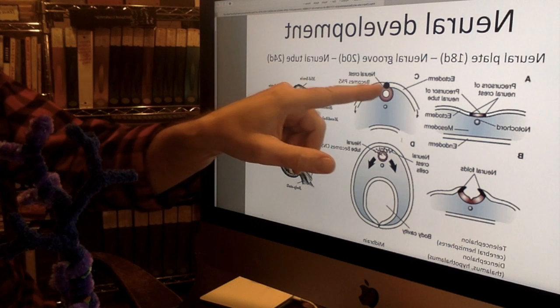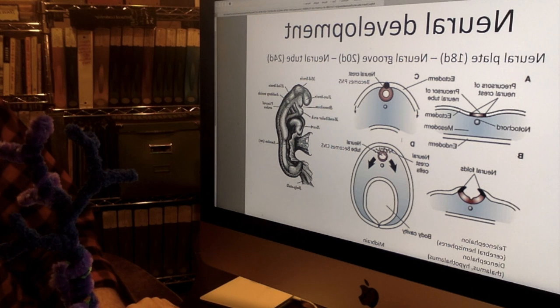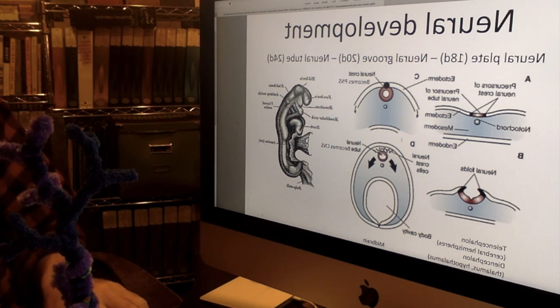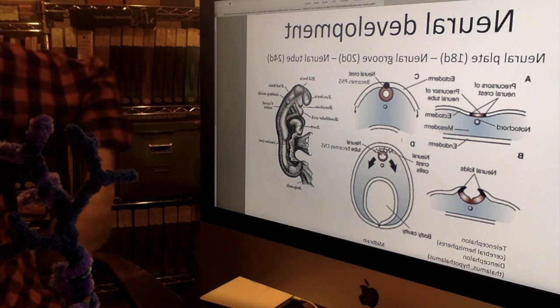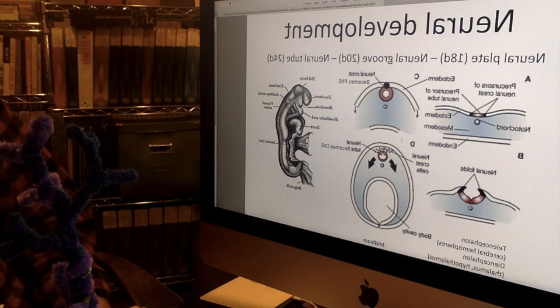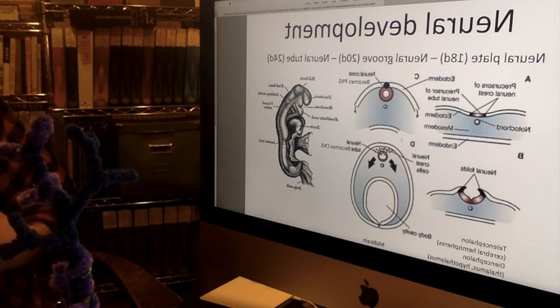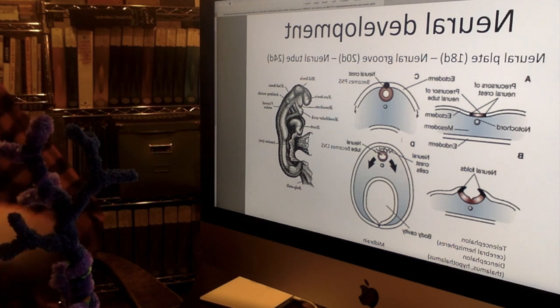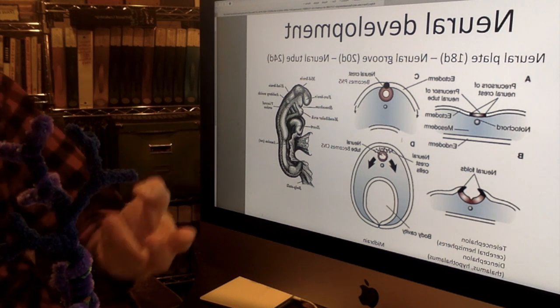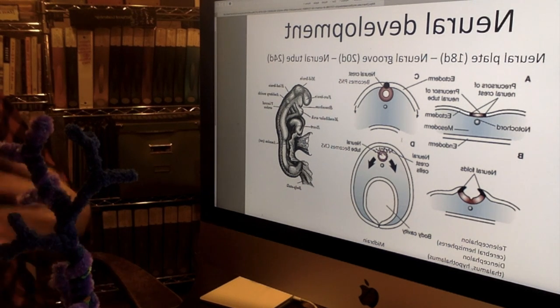Some of these cells at the top here are called the neural crest cells. These are going to develop into the sensory neurons of the dorsal root ganglia of spinal nerves, some sensory cranial nerves as well, and the postganglionic neurons of the autonomic nervous system, the neurons located in the peripheral nervous system that directly contact the heart, for example, or other organs to change their autonomic activity.